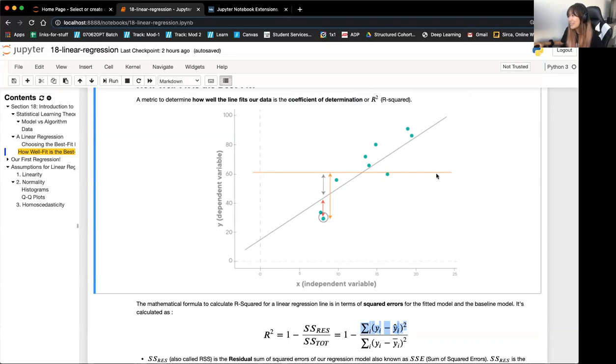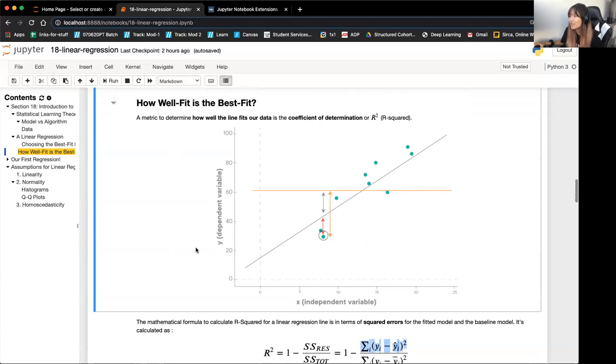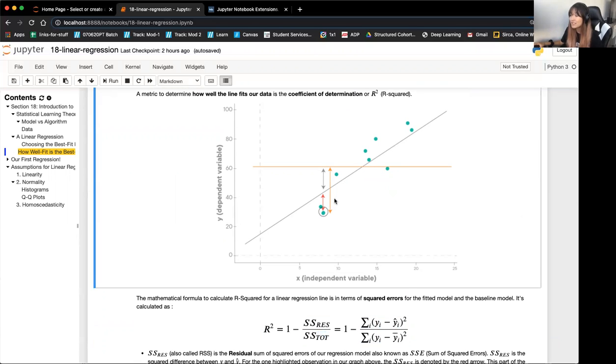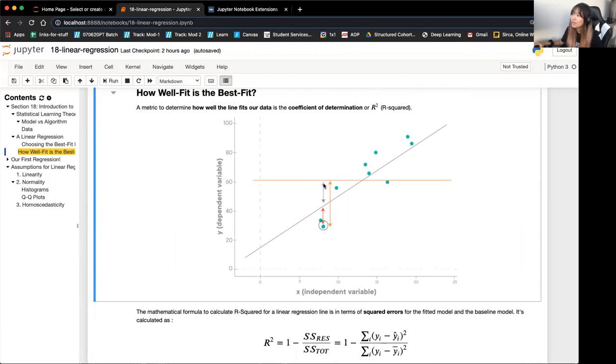This baseline is just the average of y, whatever the average y value is, this orange line. The sum squared total is the sum of the squared distances between every single point and the flat horizontal line.